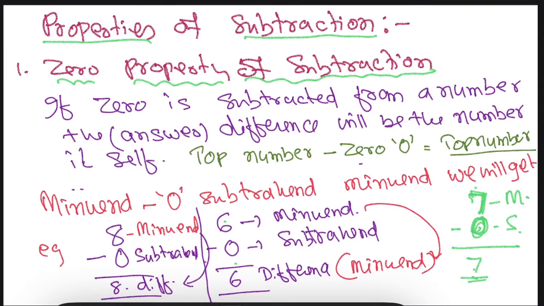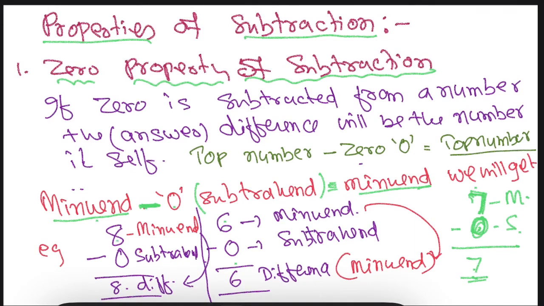The top number only will come. So this is what is written: minuend minus 0, where 0 is our subtrahend, and the answer will be the minuend.